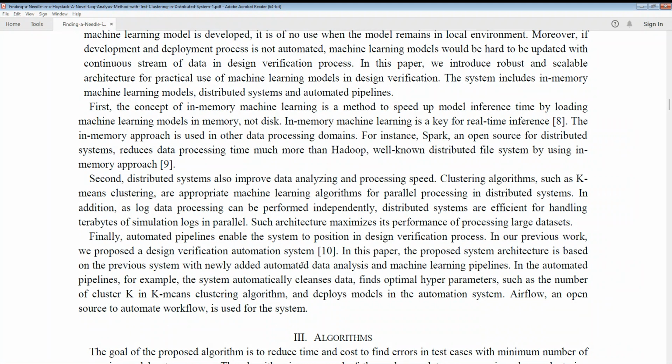In the automated pipelines, for example, the system automatically cleanses data, finds optimal hyperparameters such as the number of clusters K in the K-means clustering algorithm, and deploys models in the automation system. Airflow, an open source tool to automate workflow, is used for the system.